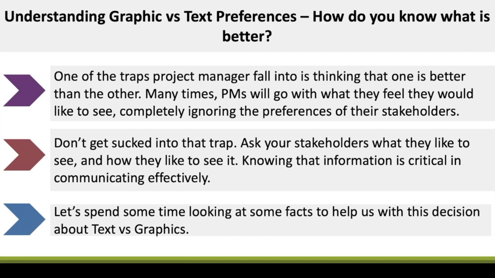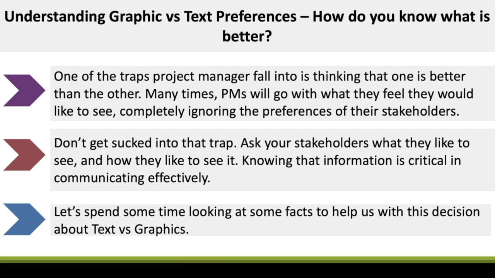So I'm a graphics person, and so I'll send graphics-type charts out there, but they may be falling on deaf ears because I'm sending them to text people. So don't get stuck in that trap. Ask your stakeholders what they like to see and how they like to see it. Knowing that information is going to be critical in you communicating effectively.